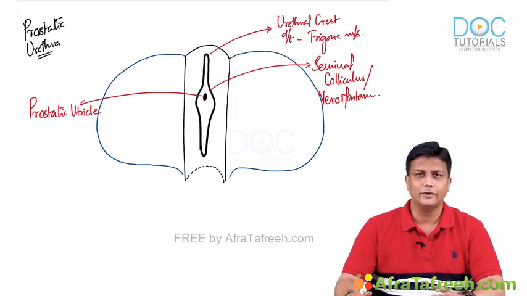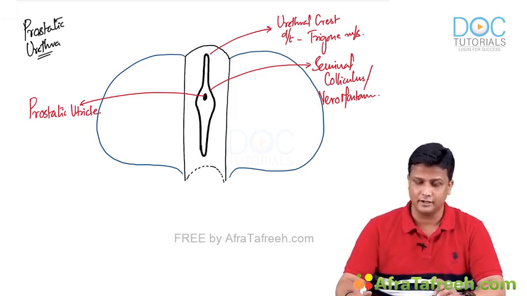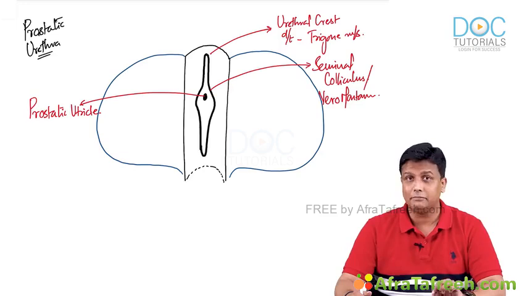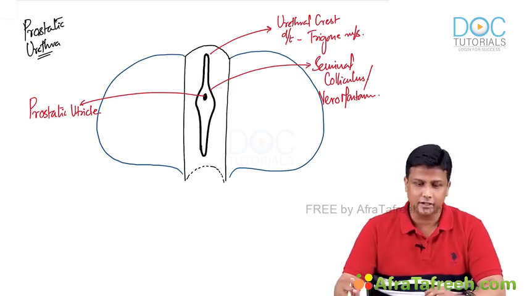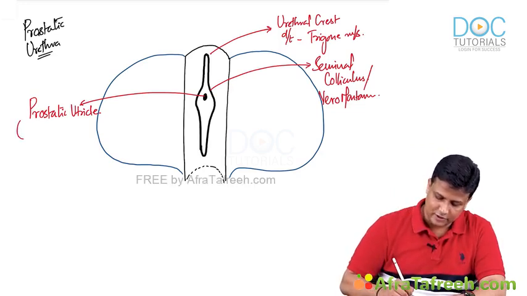Normally, the Mullerian duct forms the female genitalia. So what should happen in the male? In the male, the Mullerian duct degenerates, remaining only as a remnant, and that remnant is the prostatic utricle.